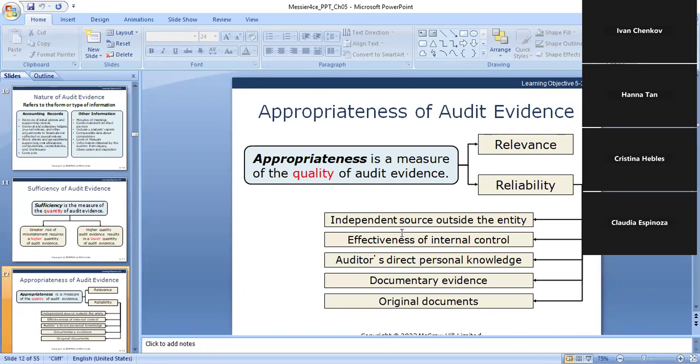So you're not getting the confirmation letter, the auditor is getting it. You don't know what the other company is going to confirm until they confirm it. So if there's something fishy going on, the other company may say, no, I don't owe that money. And that will be considered the independent source of evidence.